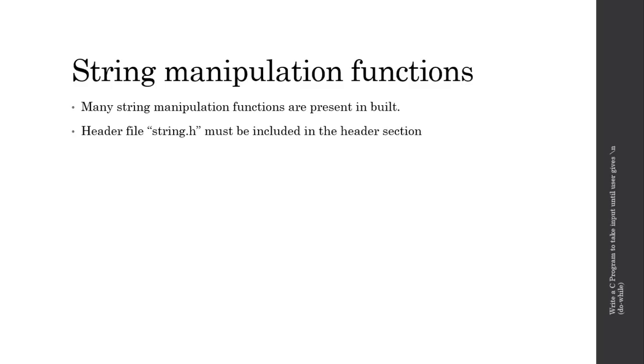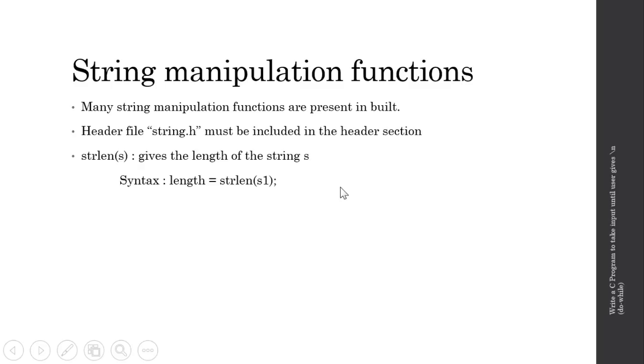Let's look at four string manipulation functions that we commonly use in our C programs. First, strlen(s) gives the length of the string s. For example, length = strlen(s1), where s1 is the variable name, that is, the character array name.